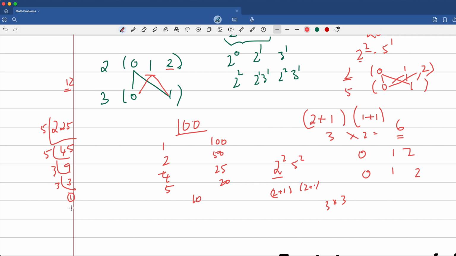So now I know that 225 is nothing but 5 squared times 3 squared. And therefore there should be 9 factors, because 2 plus 1 is 3, 2 plus 1 here is 3, multiply this. So this is your secret formula. When you look at any number, prime factorize it, look at the exponents of each prime factor, add 1 to each, multiply all of them, and boom, you've got the answer.